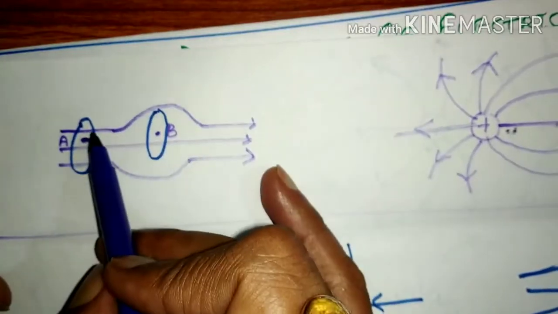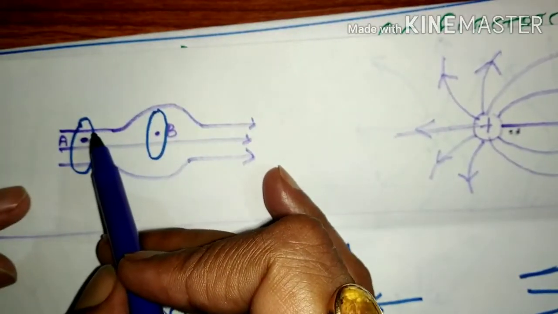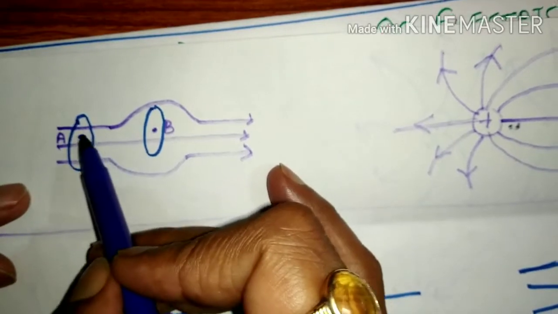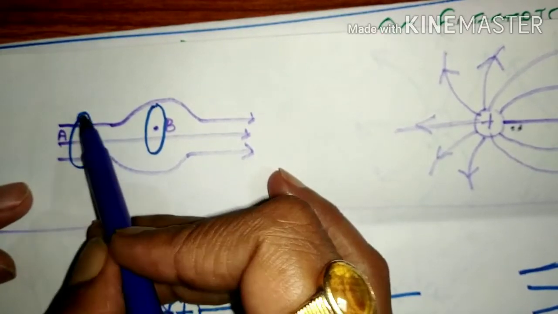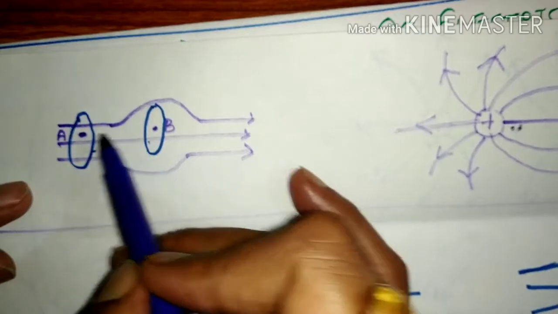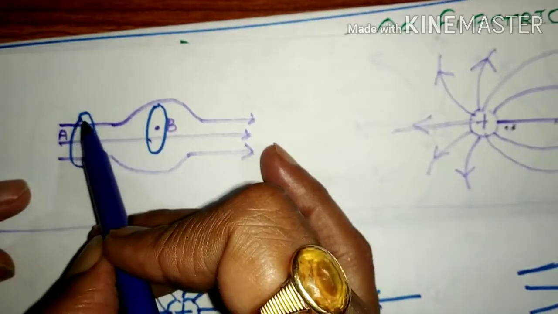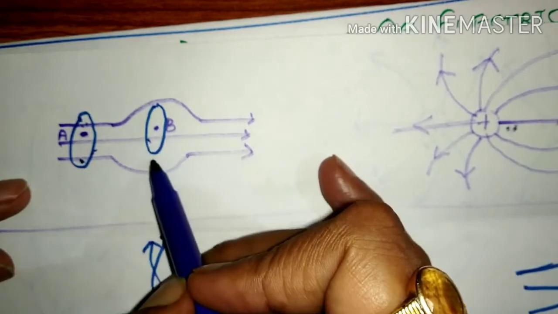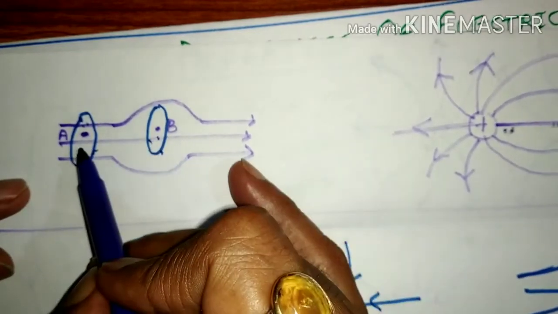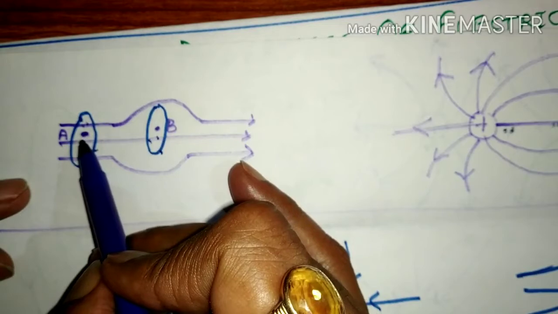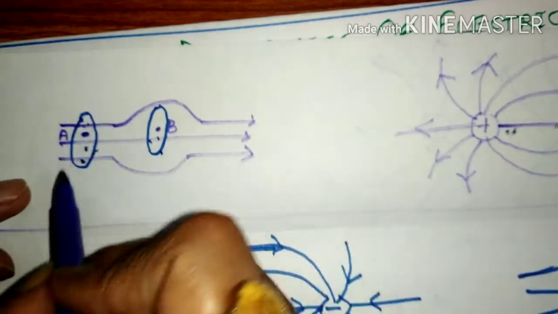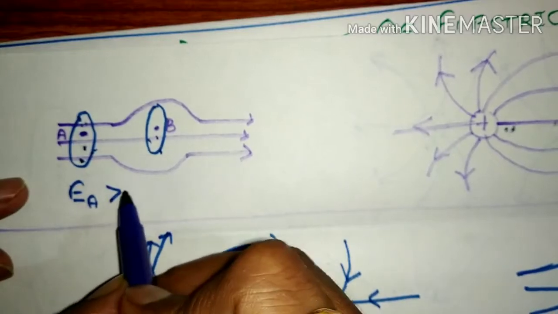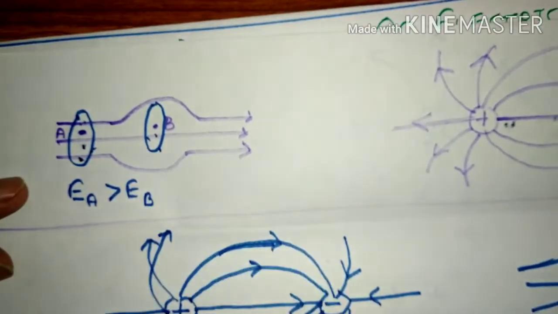Line density means number of electric field lines passing through unit area. So here across this unit area, if I take both the loops of equal area, there are 3 lines passing through this much area, and here only 1 line is passing. So here it is the point where the line density is stronger. So at this place electric field intensity is more than that of electric field intensity at B.